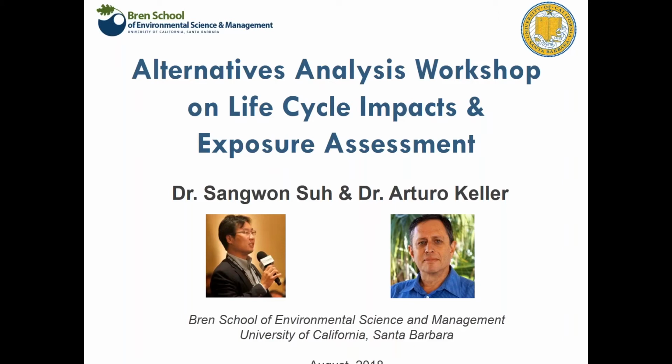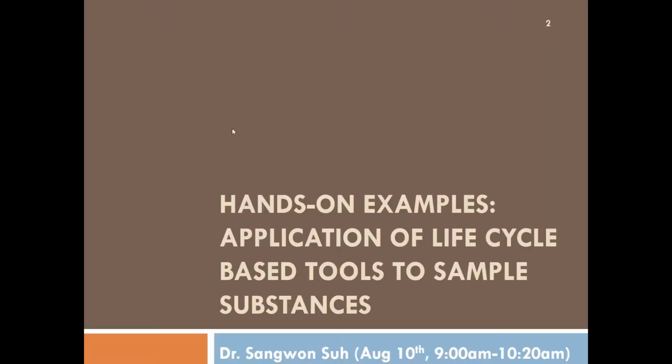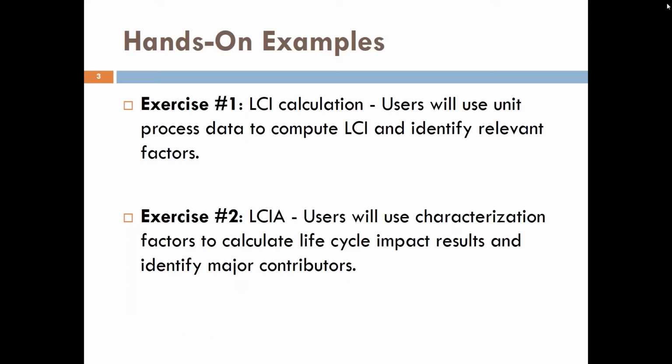So today we will do some hands-on exercises, and we will learn a few new things from yesterday. So the two hands-on exercises for the first session in the morning are life cycle inventory calculation.